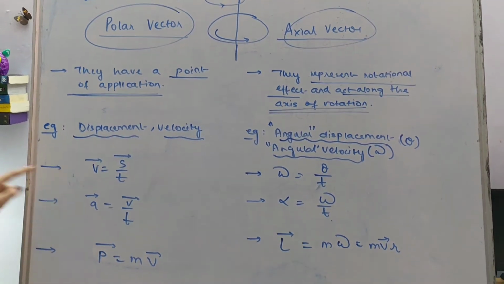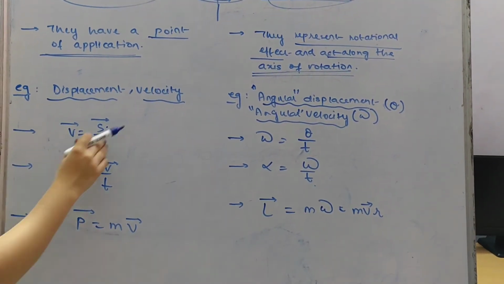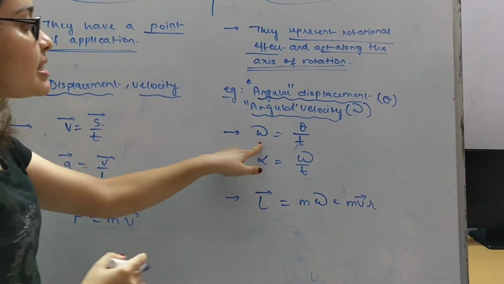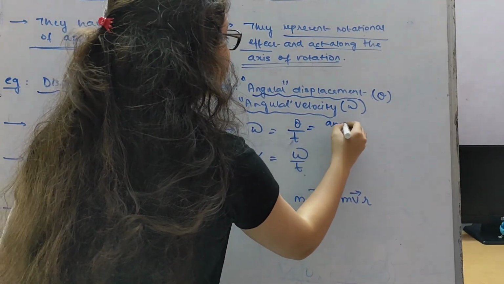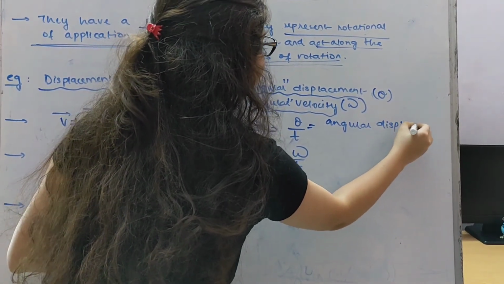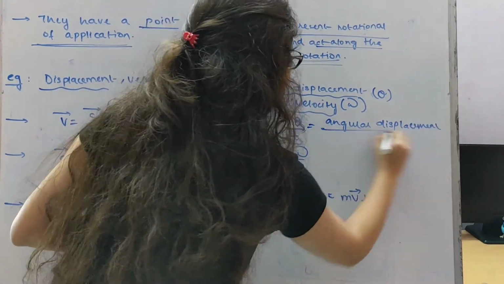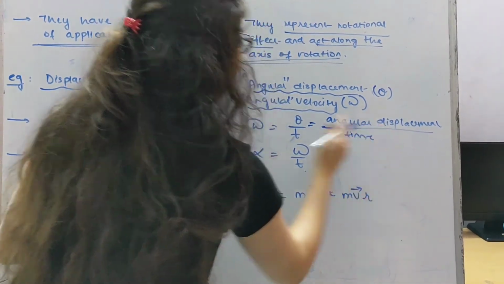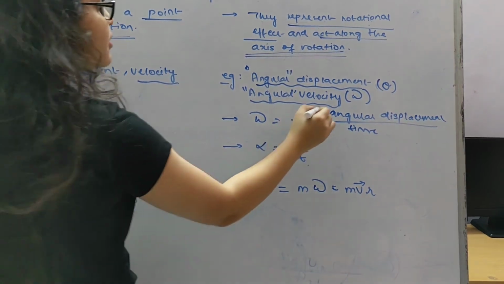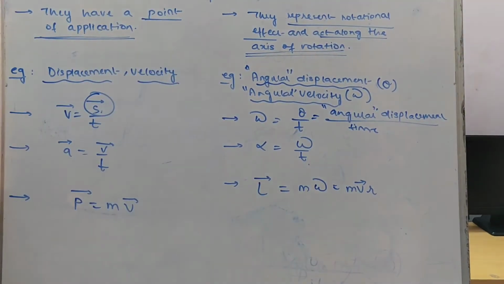Velocity, you know, is displacement by time. Here angular velocity is angular displacement, theta, by time. Similar, just instead of displacement we have angular displacement.